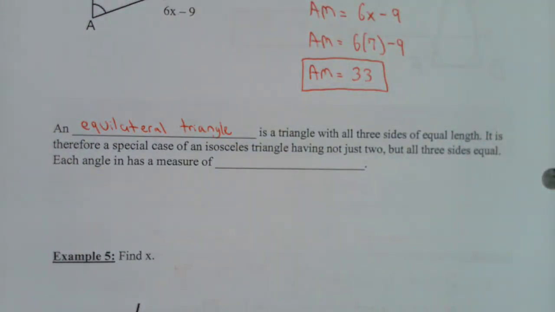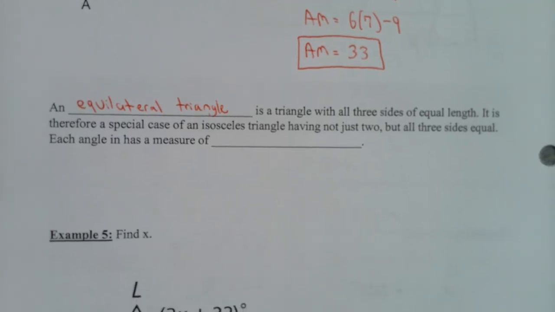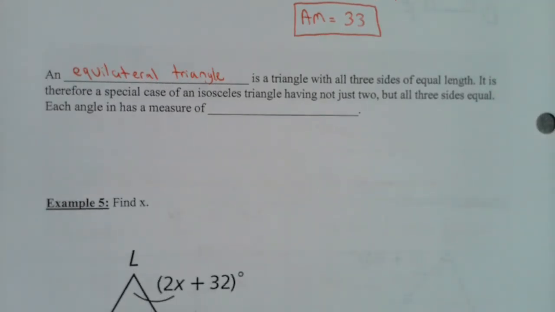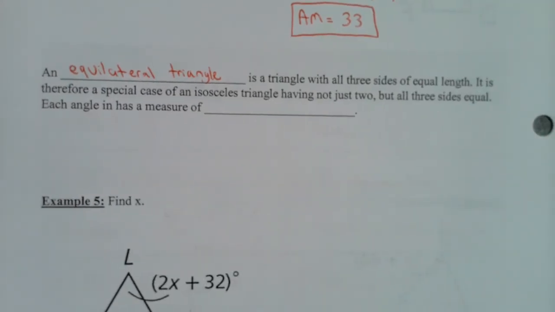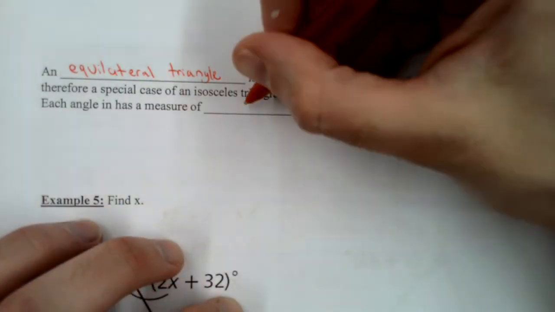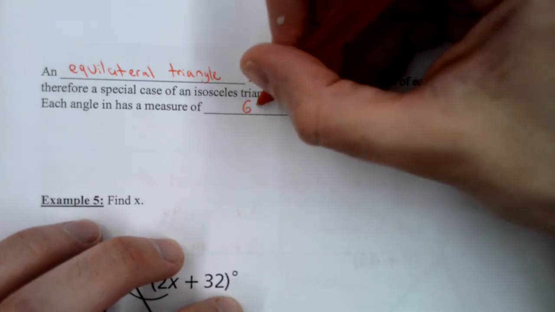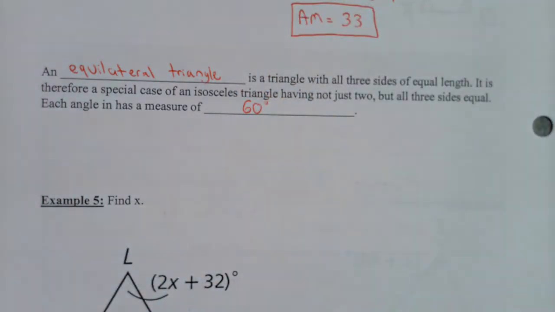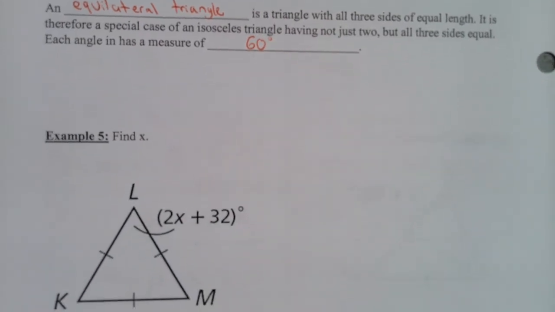It is therefore a special case of an isosceles triangle having not just two, but all three sides congruent or equal. So since all three sides are the same, it means each angle is the same. So each angle has a measure of 60 degrees, because all the angles in the triangle add up to 180. If each one is the same, then you do 180 divided by 3, each one is 60.